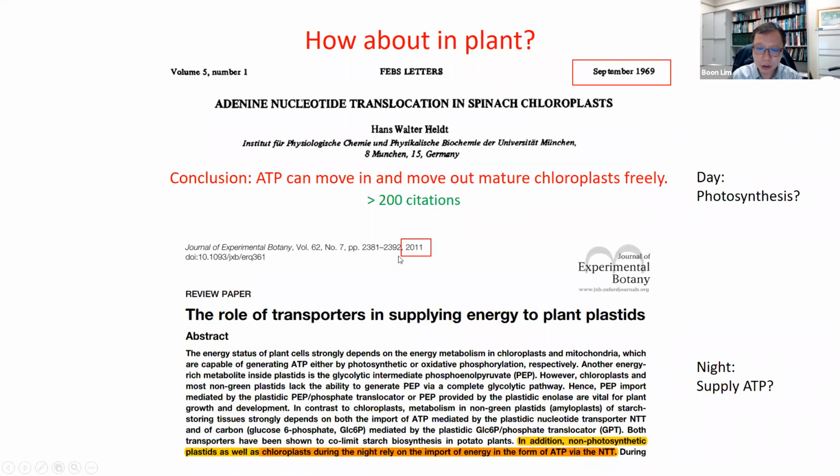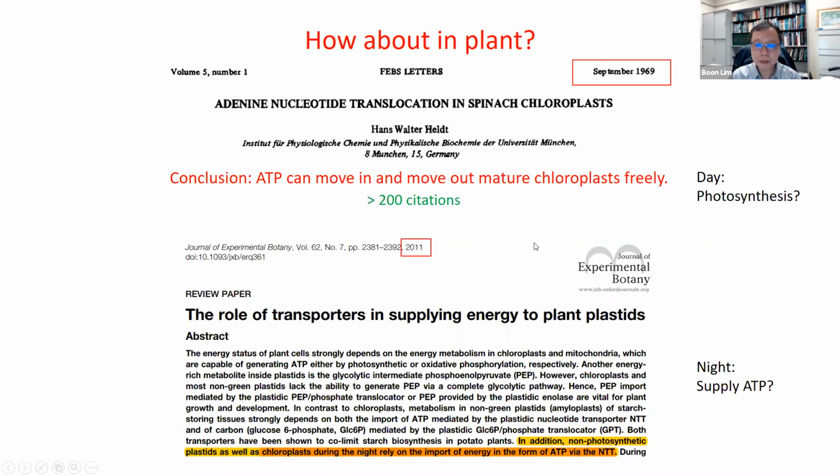And then in 2011, a review paper also says that non-photosynthetic plastids, as well as chloroplasts during the night, rely on the import of energy in the form of ATP via the NTT. NTT is the ATP transporter on the chloroplast envelope.